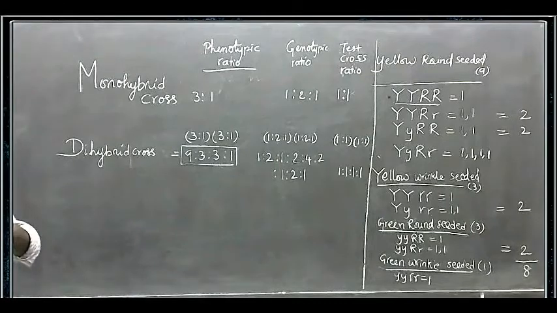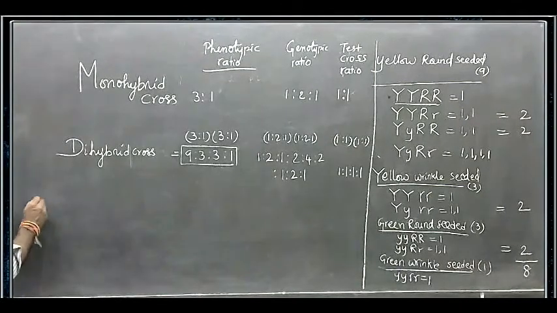Now let us imagine a tri-hybrid cross. This is only an assumption. When a cross is made between two individuals differing in three characters, then it is called a tri-hybrid cross.